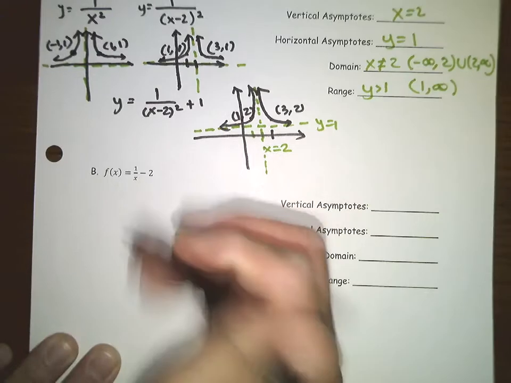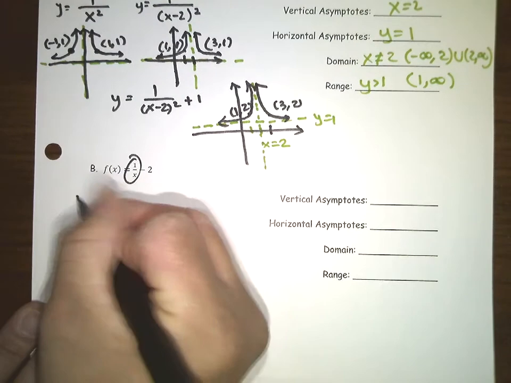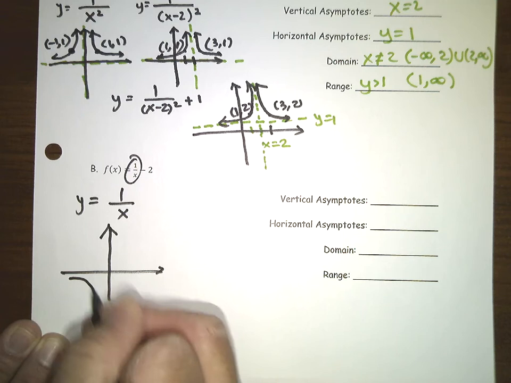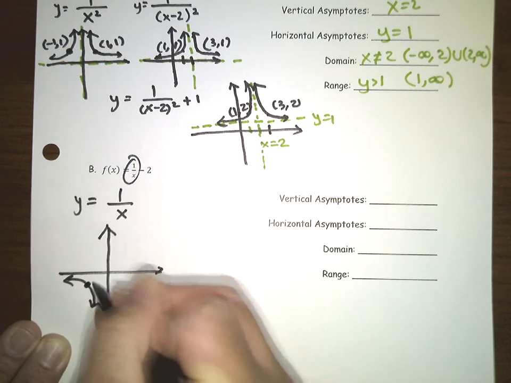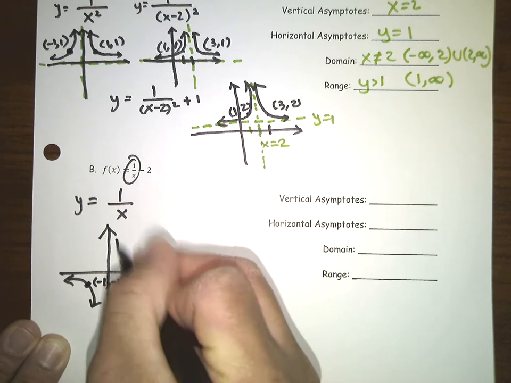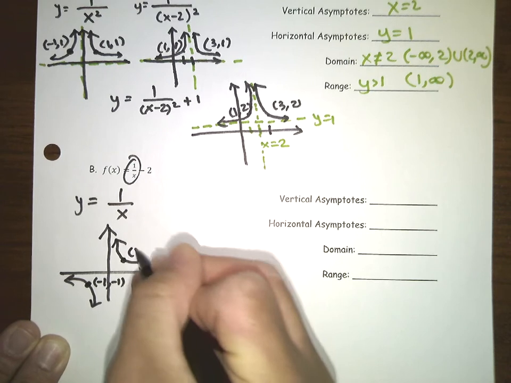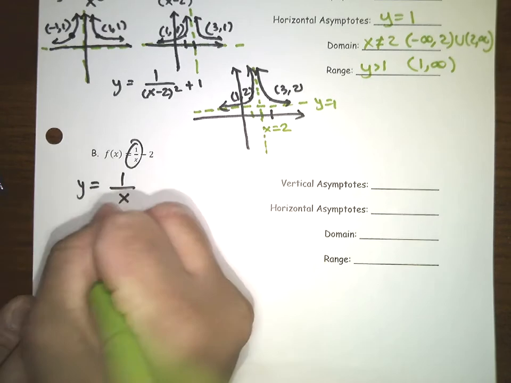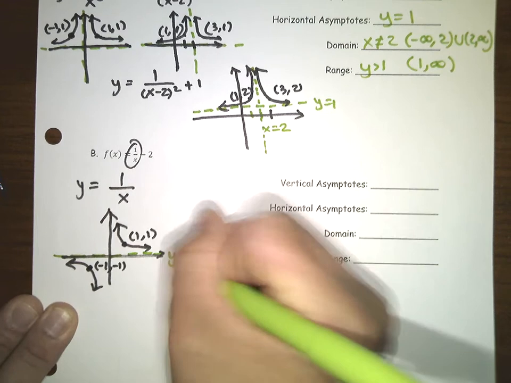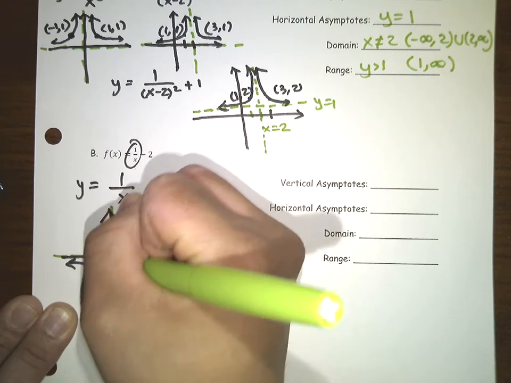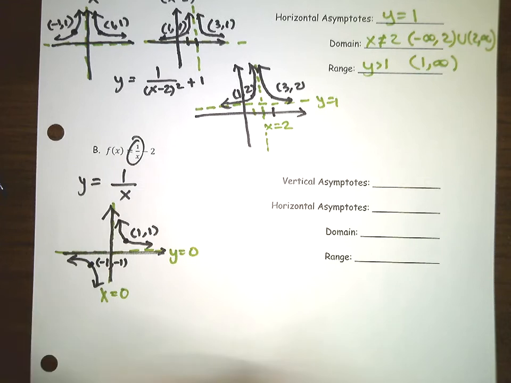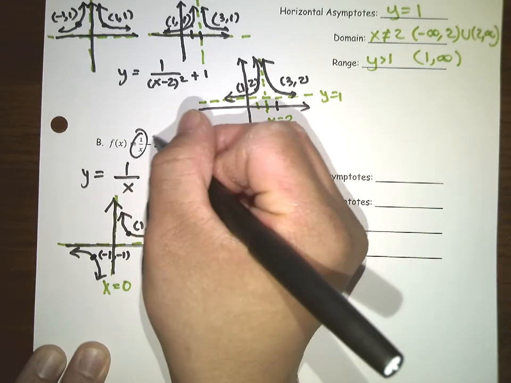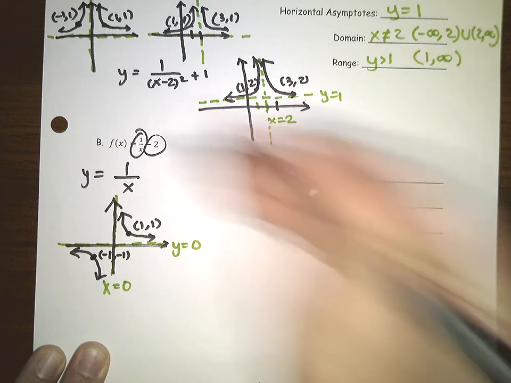So if I start with y is 1 over x, I have a graph that looks like this with a point at -1, -1, and a point at 1, 1. We know that this one has a horizontal asymptote at y equals 0 and a vertical asymptote at x equals 0. If I need to shift this, it will be shifted down 2.